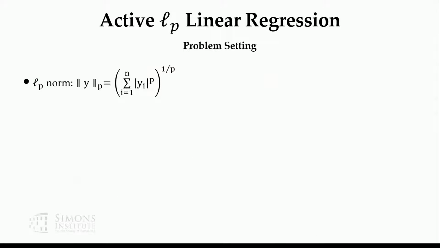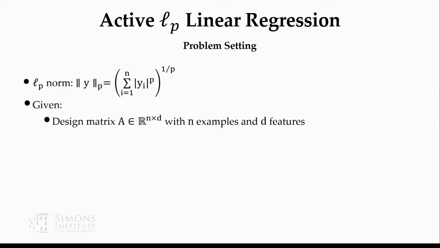Okay, so here's the problem setting. This is the standard vector p-norm. We're given a design matrix A, which is n by d. Think of the rows as being n examples. They each have d features, which is also the number of variables in the regression problem. We'll consider the over-constrained case, so we're thinking of many more examples n than features d.